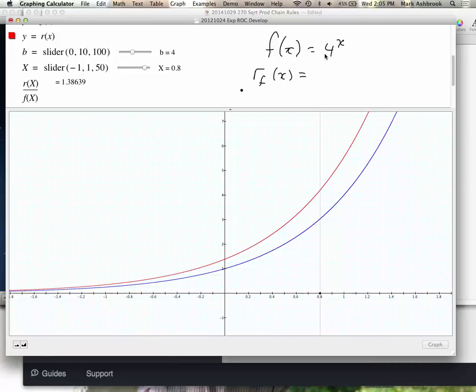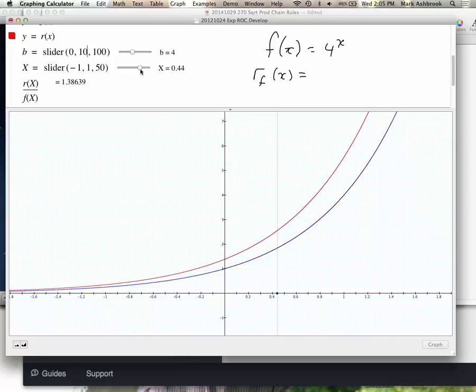If I change x, does the ratio change? Here we go, ready? Doesn't move a muscle, okay? So that ratio is just fixed. So write down the rate of change function for 4 to the x.